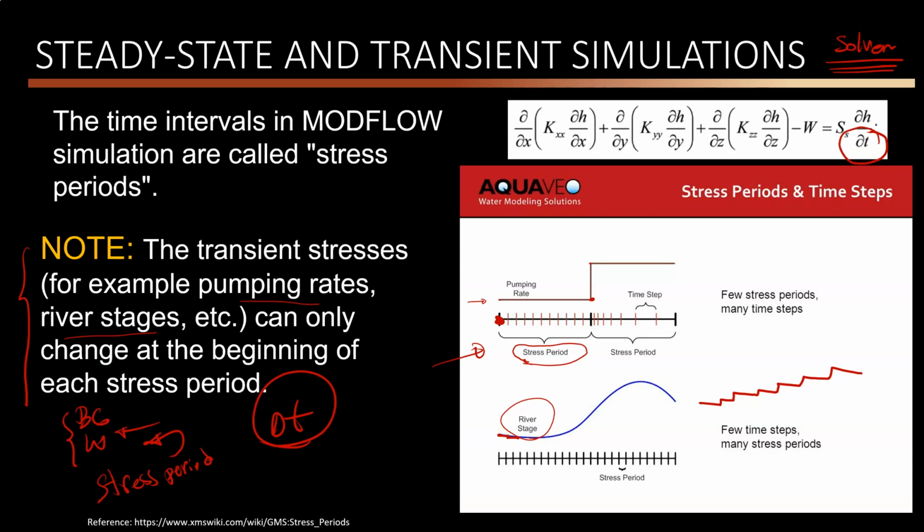But delta T, the numerical discretization for the numerical solver, is usually smaller than the stress periods. For example, if this stress period is 10 days, each stress period can be divided into smaller delta T, for example, 1 day. This is called time steps, and this is called the stress period.